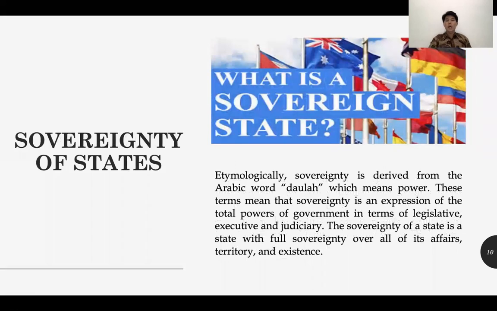Sovereignty of states. Sovereignty is derived from the Arabic word daulah, which means power. This term means that sovereignty is an expression of the total powers of government in terms of legislative, judicial, and executive. The sovereignty of a state is a state with full sovereignty over all its affairs, territory, and existence.